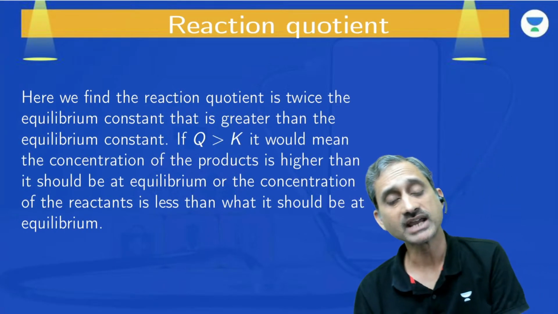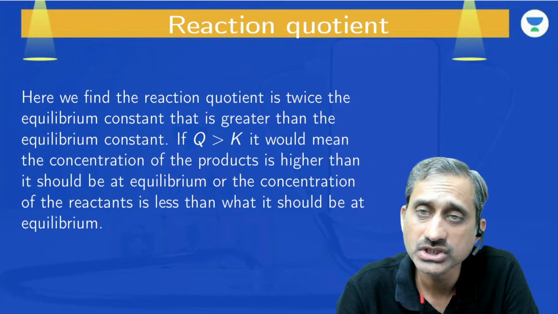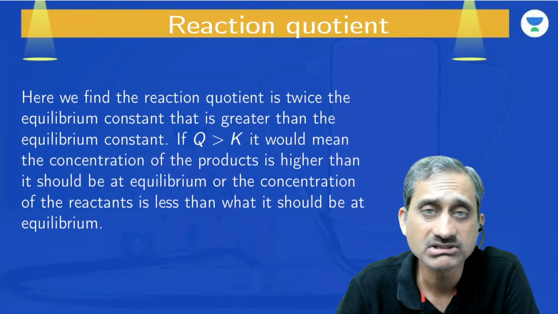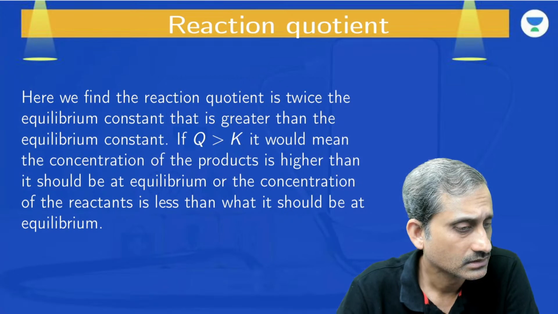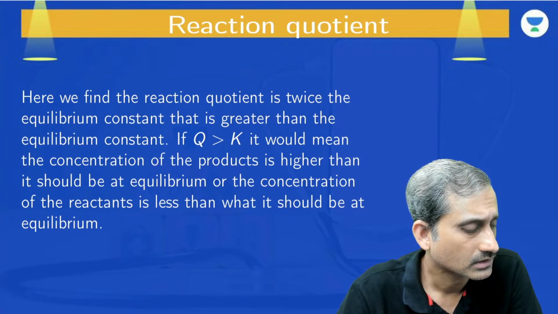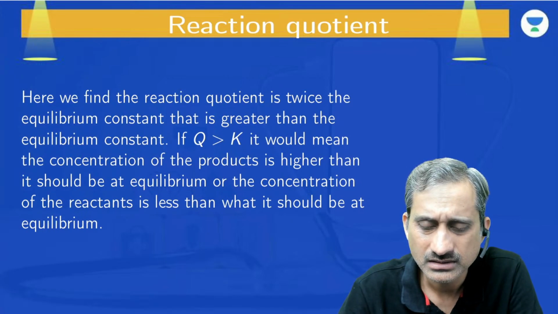Here we find that the reaction quotient is twice the equilibrium constant. And if the reaction quotient is greater than the equilibrium constant, then the reaction is going to shift in which direction? Number of moles increases. Number of moles doesn't increase.